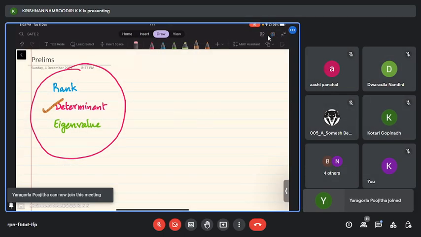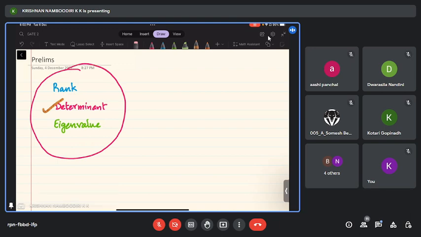Then at least some of you may be quite familiar with eigenvalues and eigenvectors and also rank of a matrix. So these are the preliminaries required to solve the questions that we are going to see today. Okay, it's the time 6:02. So anyway, we will quickly start these preliminaries. Then we will move on to one question after the other.